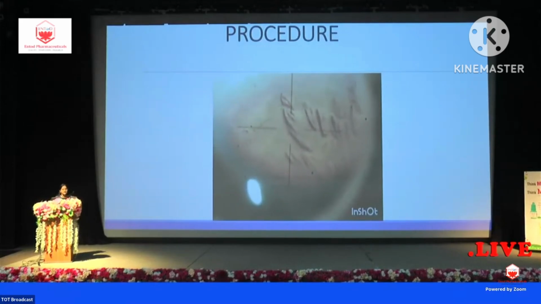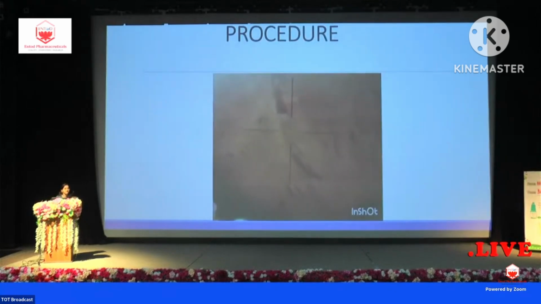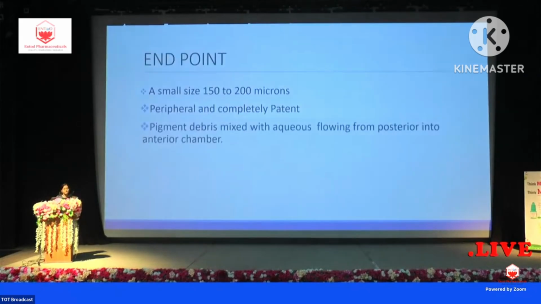Here you can see the arrow mark, which shows the crypt where the laser spots are given, 1 to 3 laser spots per burst. The endpoint is the gush of pigment debris mixed with aqueous flowing into the anterior chamber from a patent hole of size 150 to 200 micrometers.